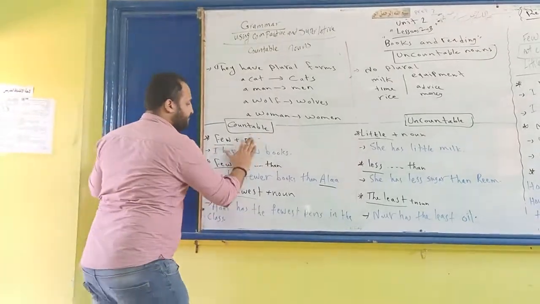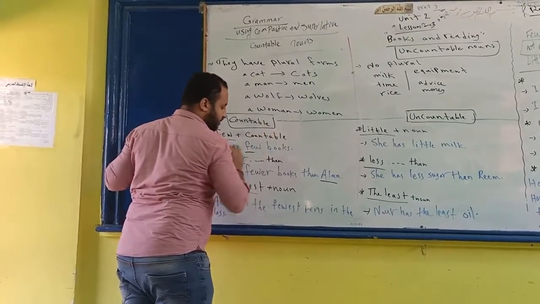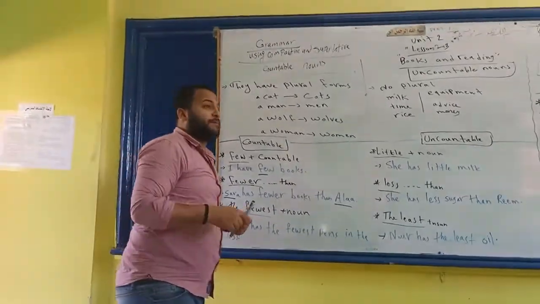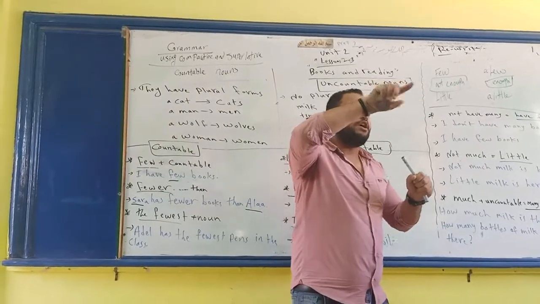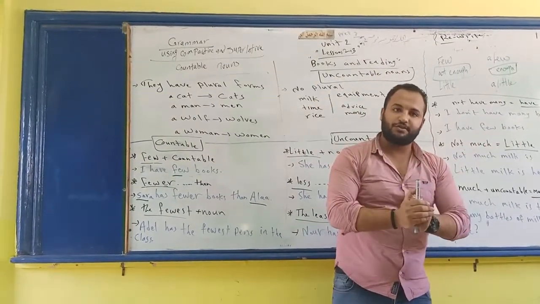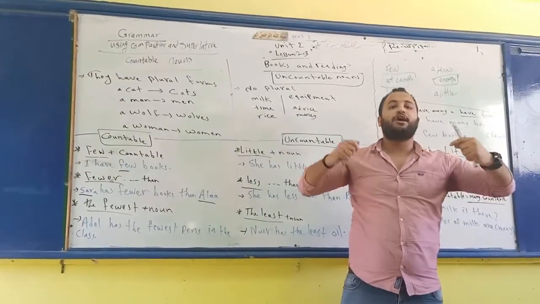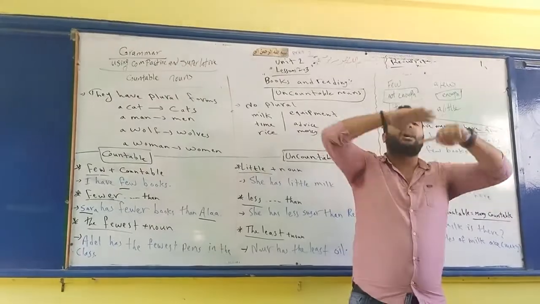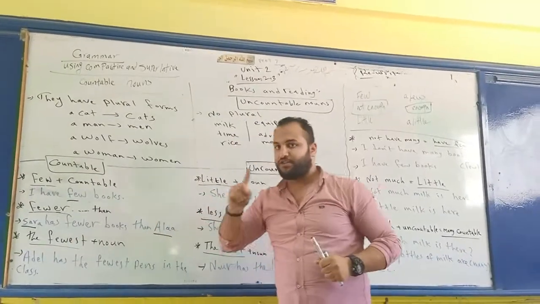Okay? And the fewest plus countable noun. If I talk about 1 person and I compare him to a group of people, or I talk about 1 thing and I compare it to a group of things, I use the superlative form.